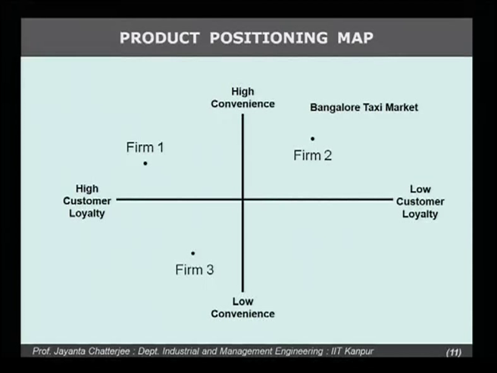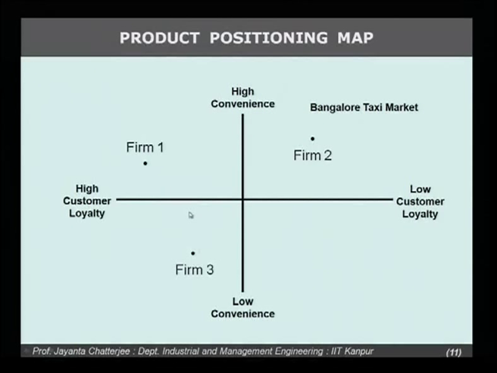And it is better to be at this location or at this location or at this location. This is of course of no use, low customer loyalty and low convenience. This will not work. This segment can be ignored, this quadrant can be ignored.